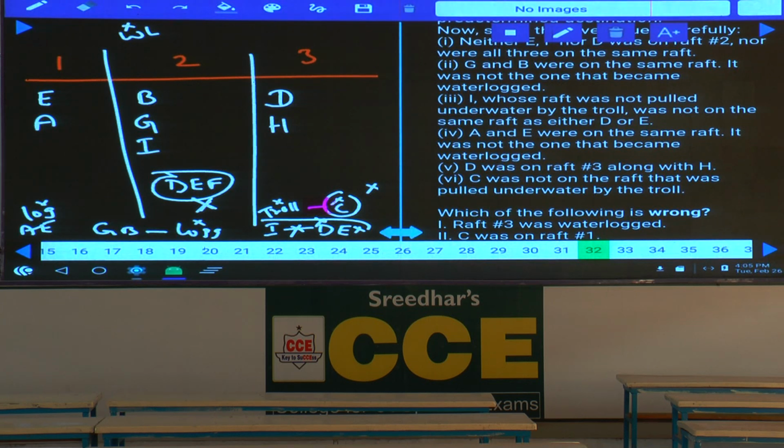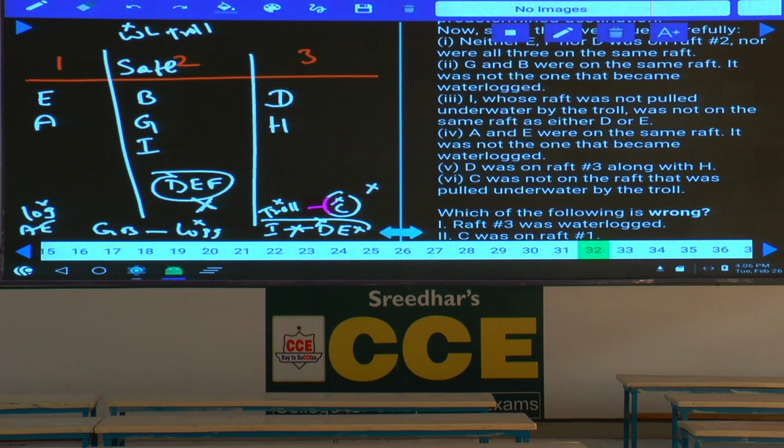C was not on the raft which was pulled underwater by the trawl. Waterlogged is different, this is different. I, whose raft was not pulled underwater, cannot be here. The trawl cannot be here as well. As waterlogged and trawl cannot be here, this must be the raft which reached safely, and these three persons reached safely.